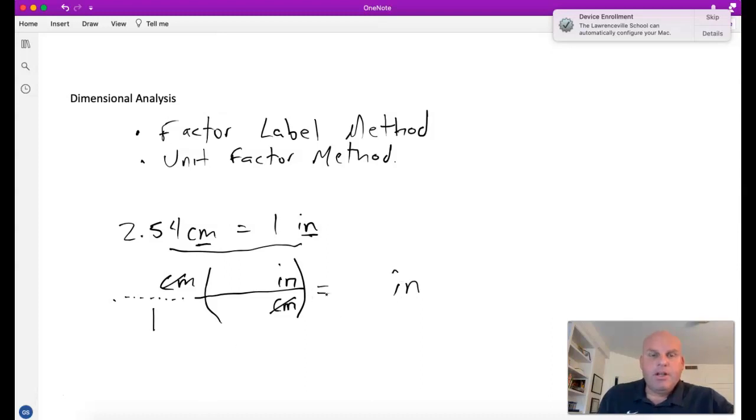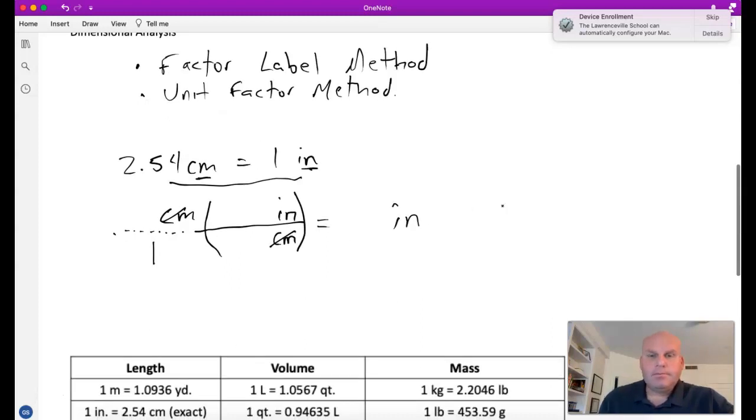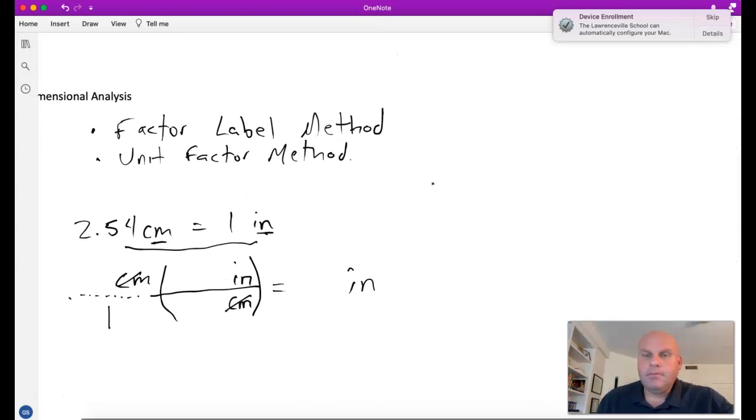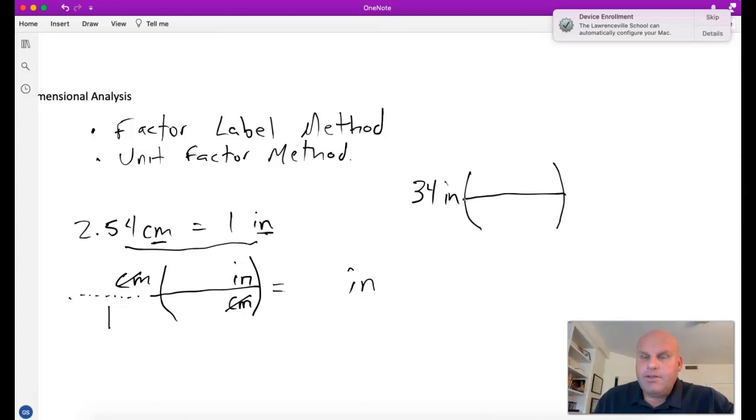Look at a quick example. If I started with 34 inches and I wanted to know how many centimeters were in 34 inches, I would set up my conversion factor. Now in this case, I've started with inches, so the unit inches, again, has to be opposite so it cancels, so centimeters would be on top.